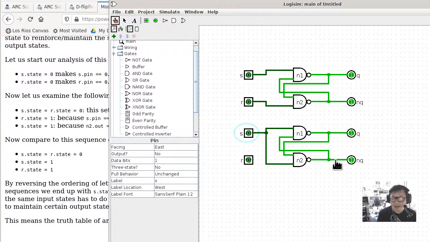So all that time, we have S being a 1, and then over time, both outputs would then become 0s. Now we know that of those two 0s, one goes all the way back to the first input pin of N2, and the other one goes all the way back to the second input pin of N1. So there will be a very brief amount of time when both the outputs are a 0 out of N1 and N2.